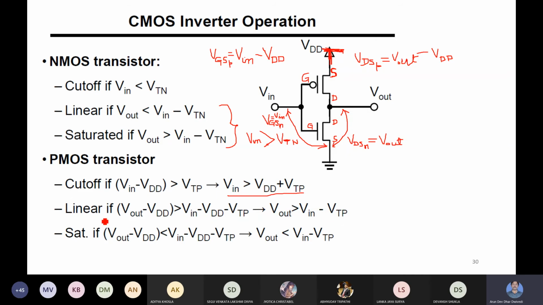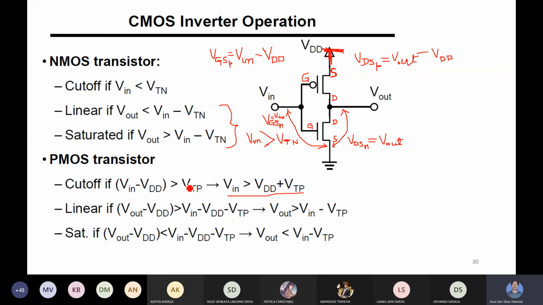Obviously that is the cutoff condition, but for the transistor to become on, this greater-than symbol will be made less than. Just the opposite of the cutoff conditions will make the transistor on.